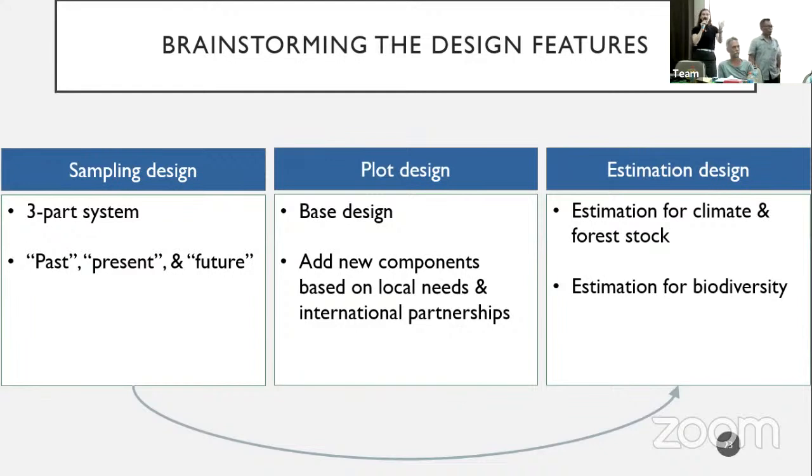And because particularly the sampling design is complicated, the estimation design will be in 2 parts. So there will be a separate estimation for climate and forest stock, biomass, things like this, the traditional forest inventory metrics, and then a separate data management for biodiversity, right?